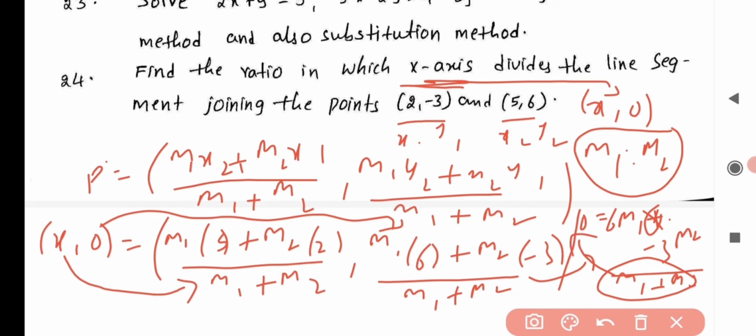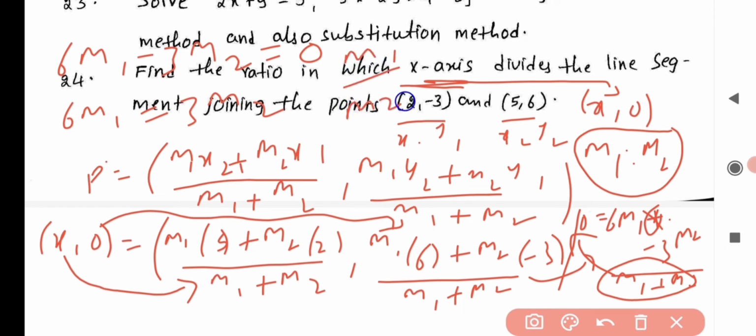So remaining is 6m1 minus 3m2 equals 0. So 6m1 equals 3m2. The 6 changes to the RHS, so m1 by m2 equals 3 by 6, which is 1 by 2. So m1 is to m2 equals 1 is to 2. That is your answer.